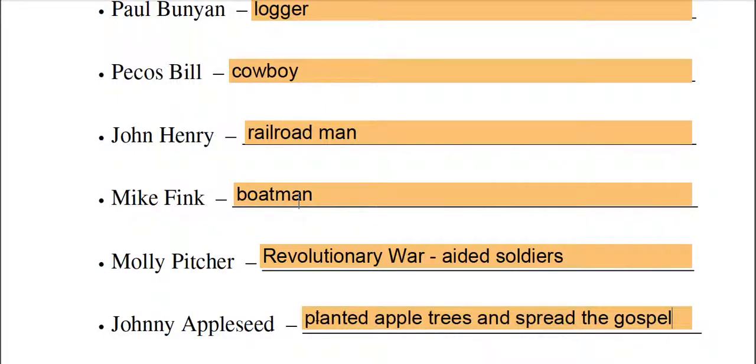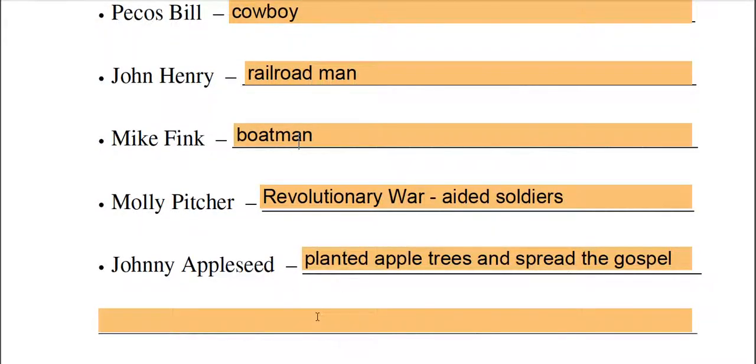Things that are told about him that tend to be more tall tale are that he was able to befriend all of the woodland creatures. Whether it was bears or birds or fish, he could talk with all of them. They were all his friends, which is really not possible.